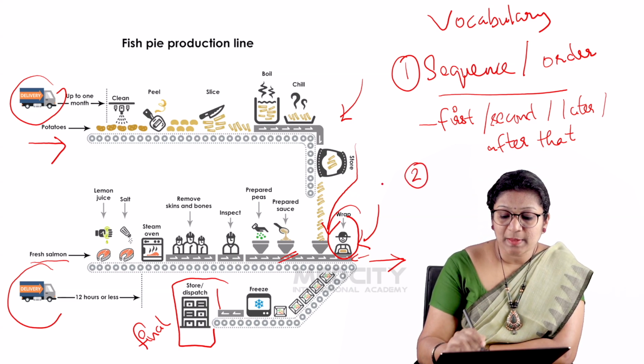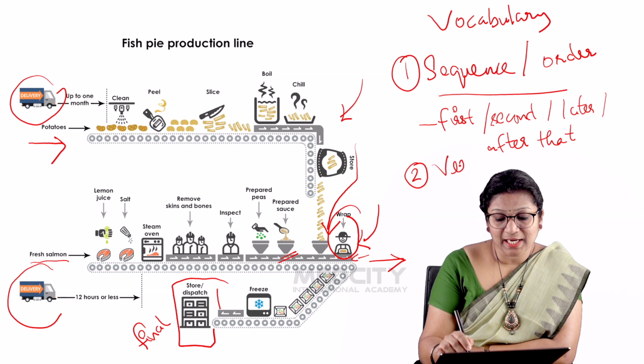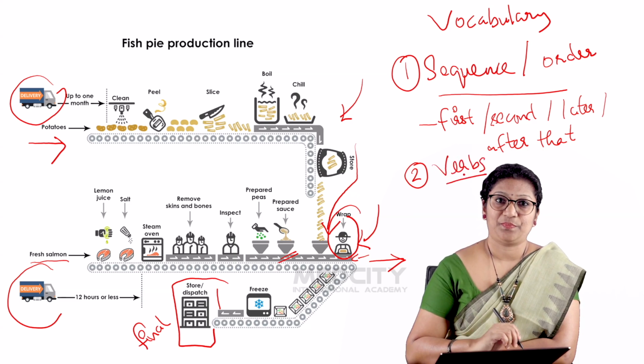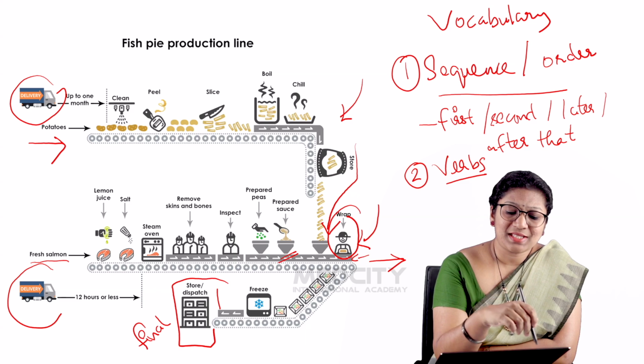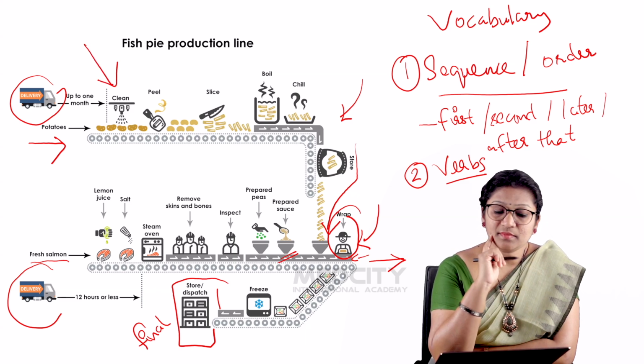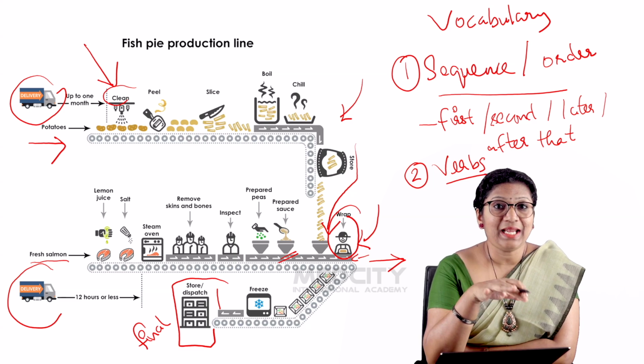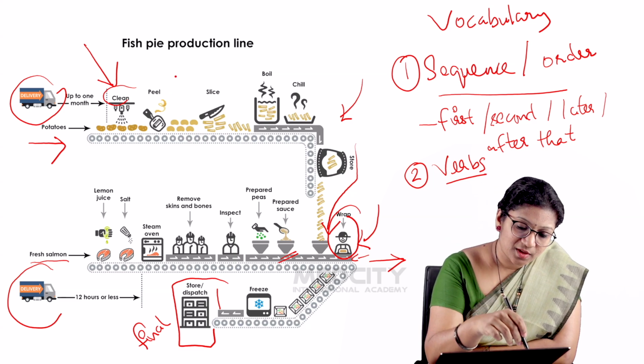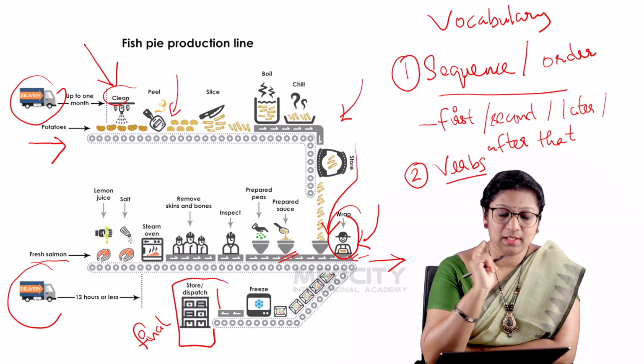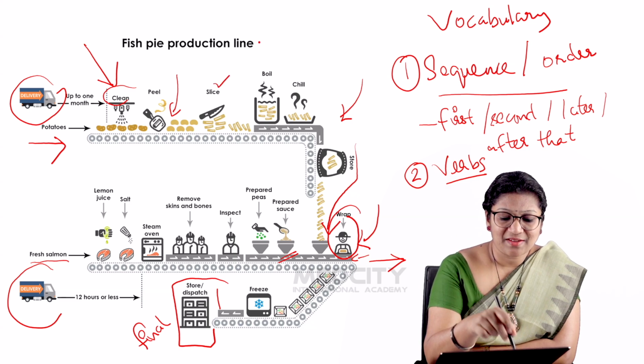And also be prepared with the right action words or verbs. For instance, what is the action happening here? You can see the word clean. So we know it's the cleaning of the potatoes. What is happening in the second step? Peeling. Then we have slice. We have boil.